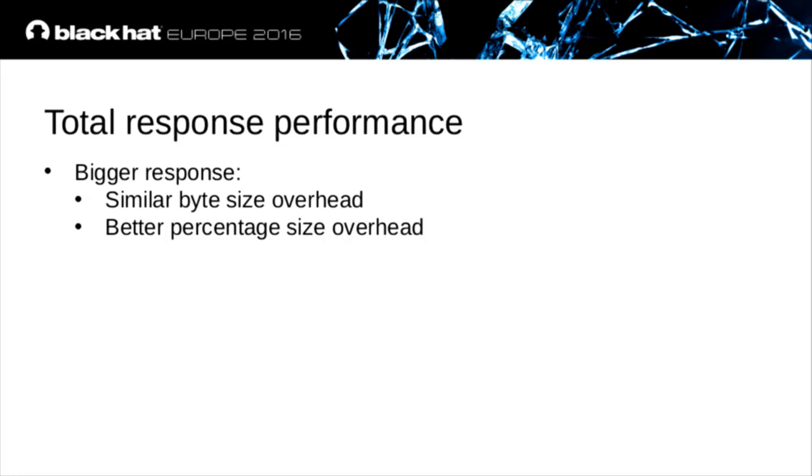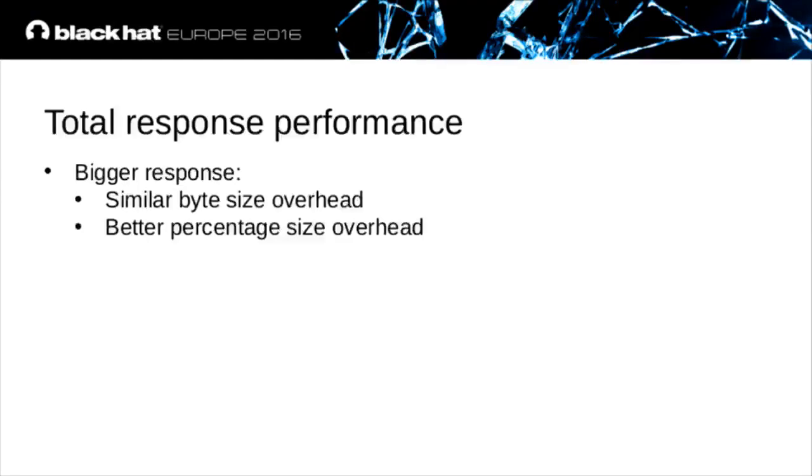But the thing is that when you have a bigger response, the actual byte size that will be included as an overhead in the compressed text sent over the network is fairly the same. It's not that different. For example, for a small page and for a fairly large page like Facebook, the overhead penalty in bytes will be from 7 to 10.